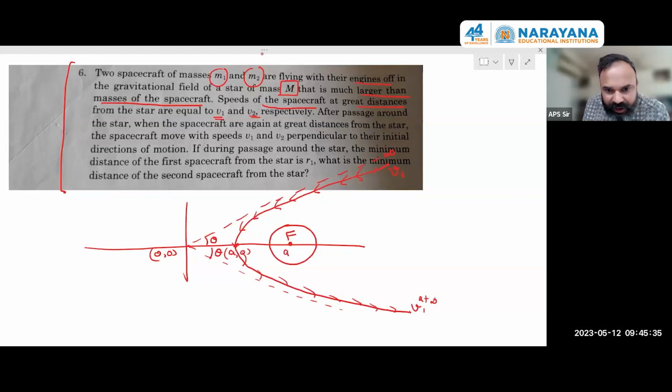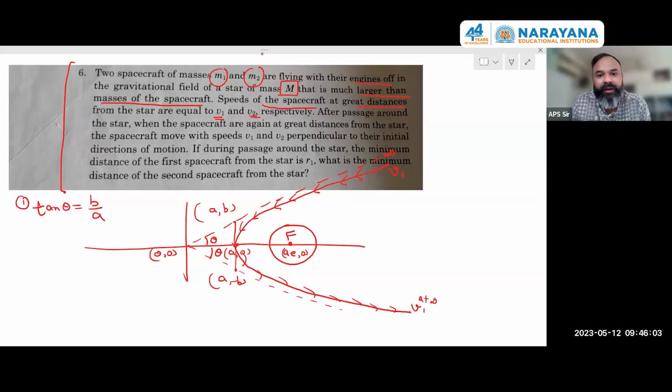This coordinate here is a e comma 0. And I can draw these vertical lines, right? You understand that this point is a comma b. And obviously here this coordinate is a comma minus b. And I know that in this hyperbolic orbit with origin here, you can write tan theta as b by a.